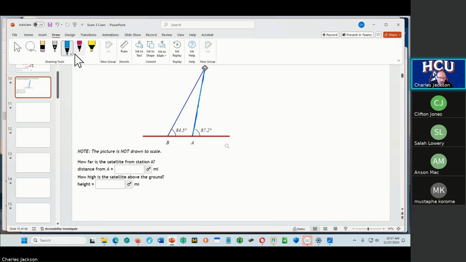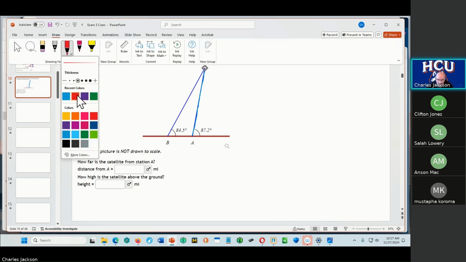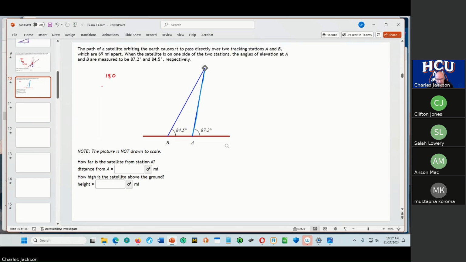We know the angle right in here is going to be 180 minus 87.2, so 92.8. It looks obtuse.